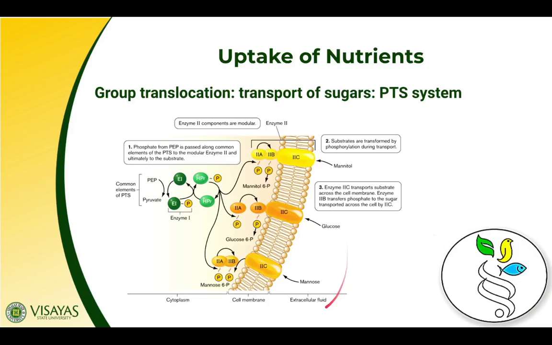So as more sugar is being transported in, more phosphate is also taken in by this enzyme to be attached to the sugars that are taken inside. So this is what we call group translocation, translocation through phosphotransferase. So there is transfer of phosphate.